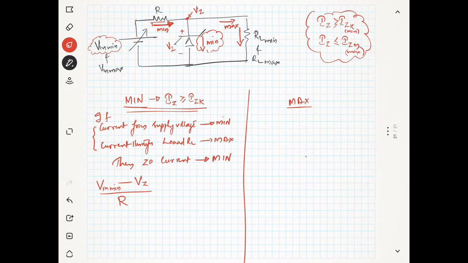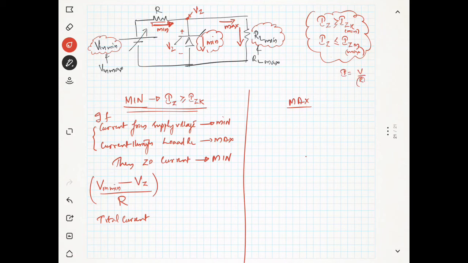So this is the total current which is coming. Out of that, the maximum is flowing through the load. So the current through the load will be maximum when the resistance is minimum, because you know that the current equals V over R.